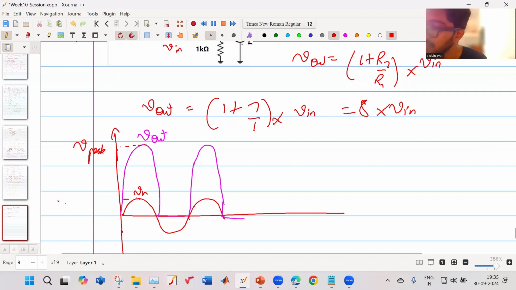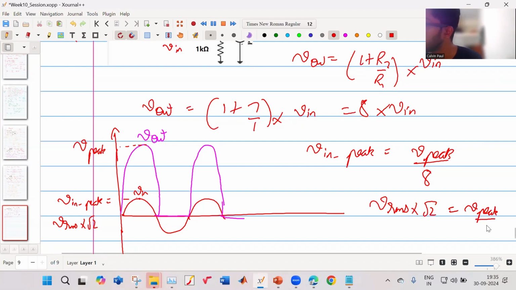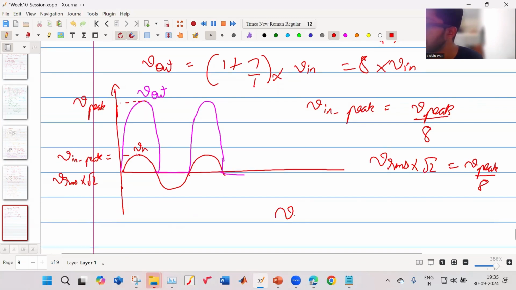This will have some V in peak, which is equal to your V RMS into root 2. So your V in peak is equal to V peak upon 8, and V RMS into root 2 is equal to V peak upon 8. So your V RMS is equal to V peak upon 8 root 2.